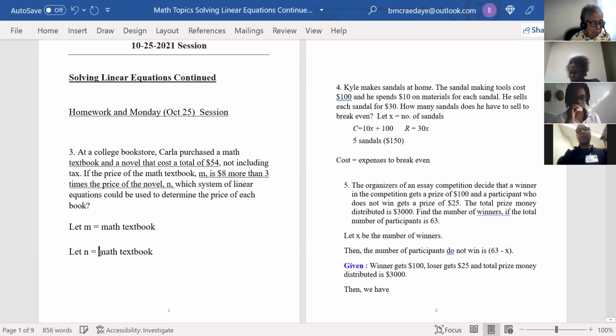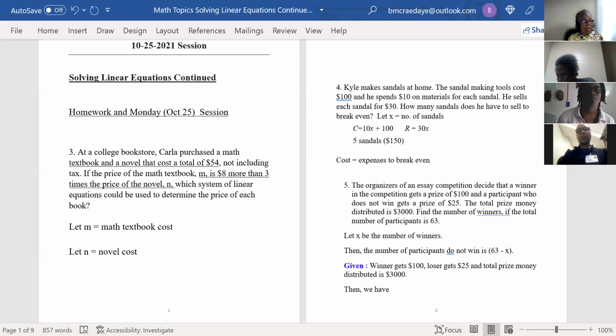Does anyone see what equations you would use? What would it be, Maureen? M is the math textbook cost, and N is the novel cost.